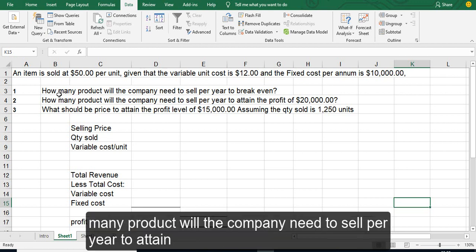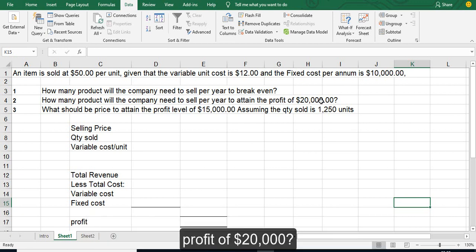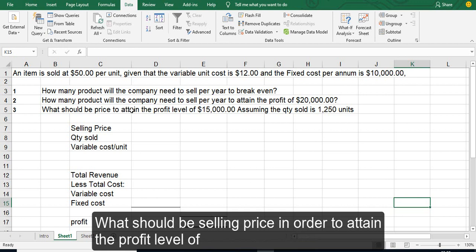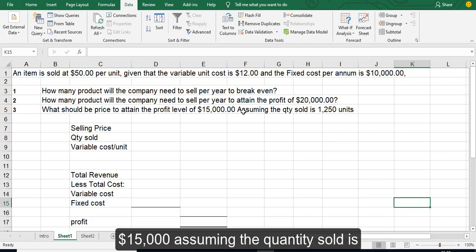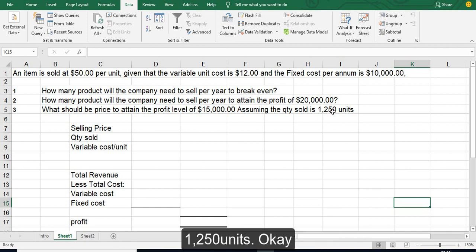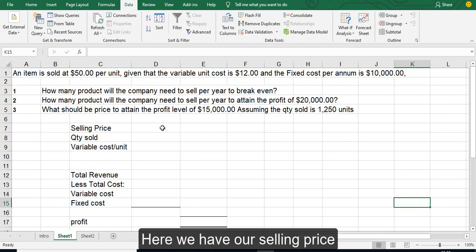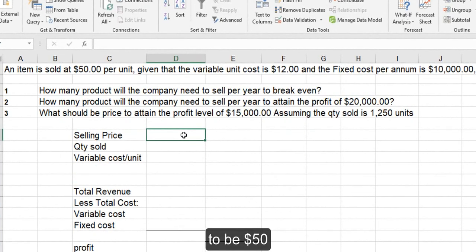How many products will the company need to sell per year to attain profit of $20,000? 3. What should be the price to attain the profit level of $15,000? Assume the quantity sold is 1,250 units.